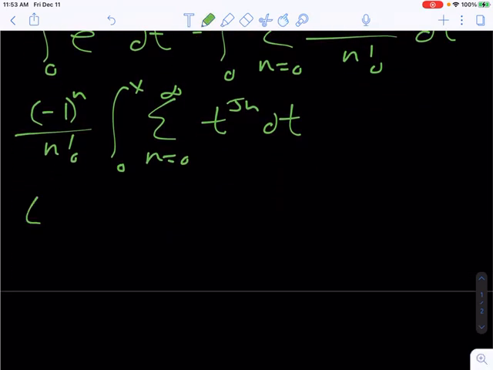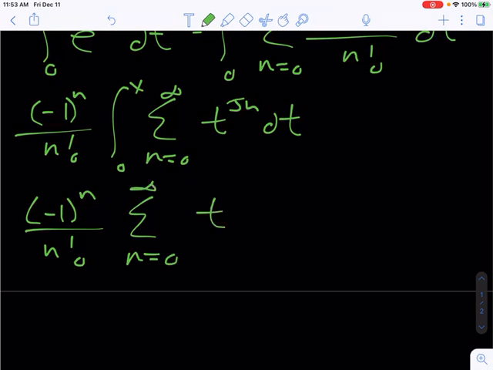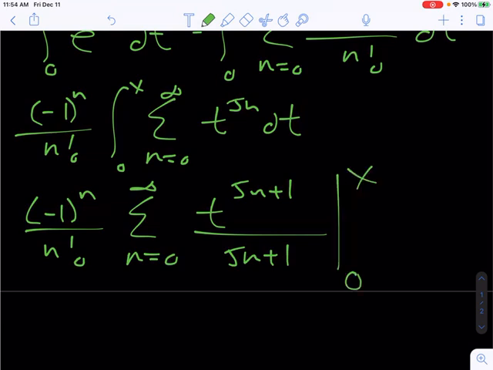And so we will have, writing this down step by step, we don't need the integration symbol anymore because I am now going to integrate using the power rule, adding 1 to the exponent and then dividing by that. And we are now going to evaluate that from 0 to x.